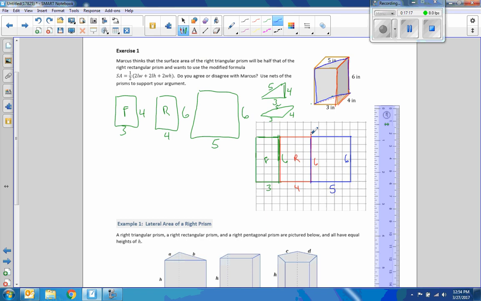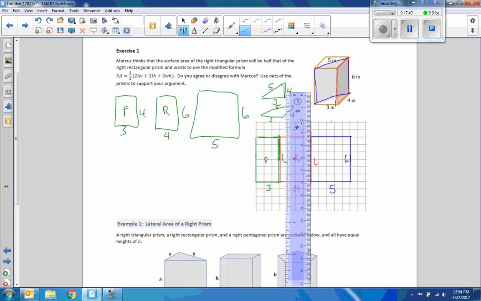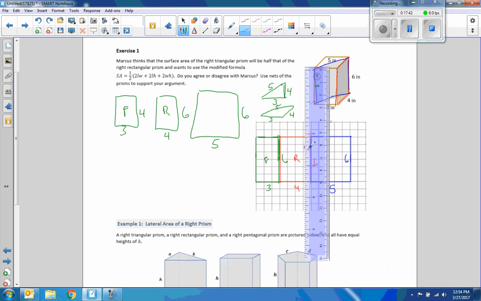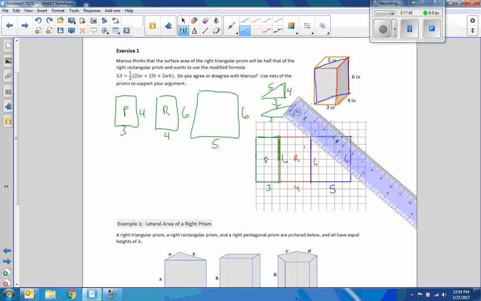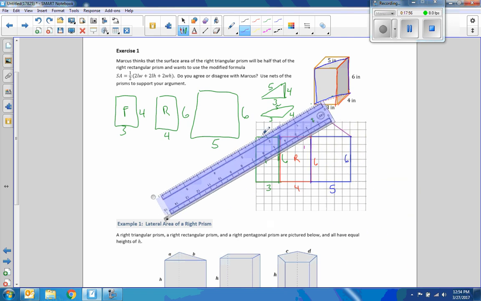Now, connected to this base right here is a triangle that is 4 by 3 by 5. So how could I draw that then? Okay, so let's just say it comes up to here. I want to draw a line from here. Move that right down to 0. Rotate it so it goes to there. Rotate it the other way.